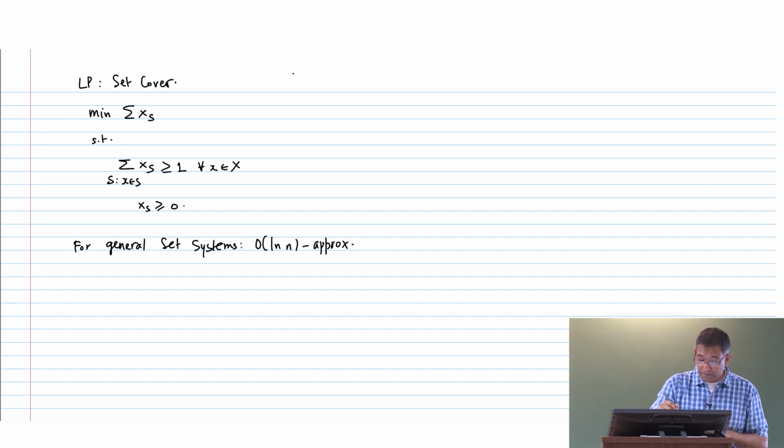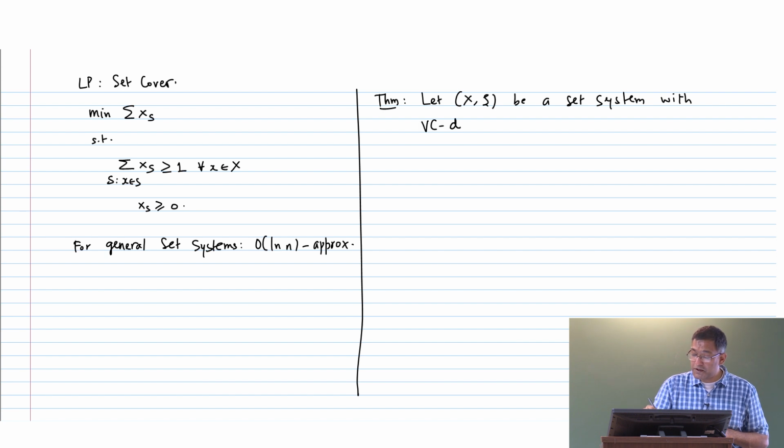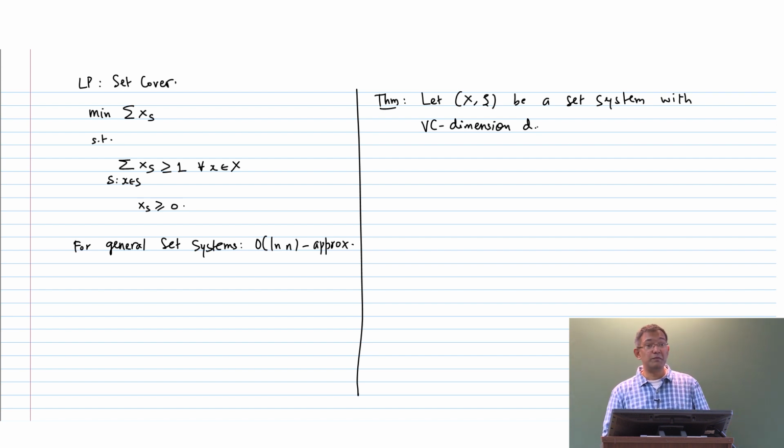Now, let (X, S) be a set system with VC dimension D. This is not any set system, but a set system with bounded VC dimension.